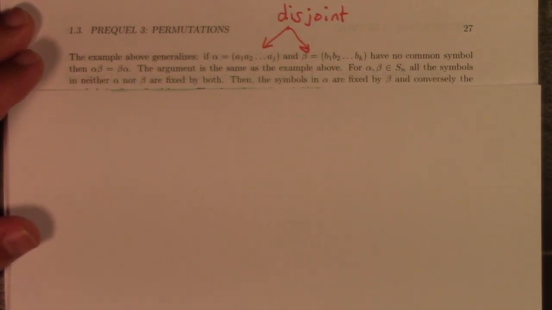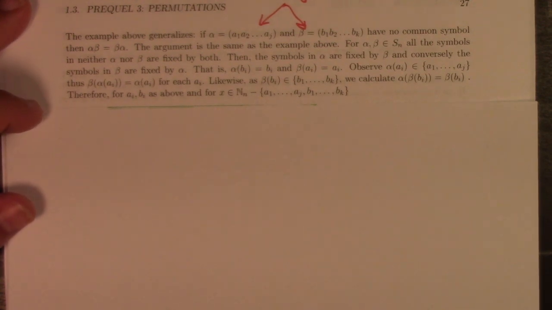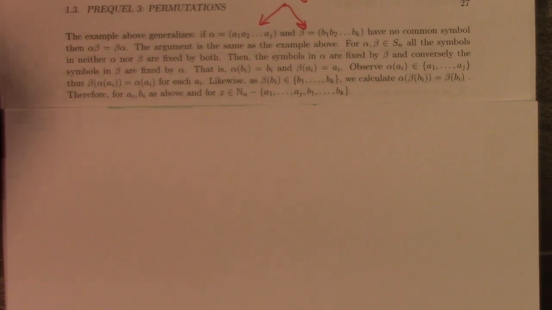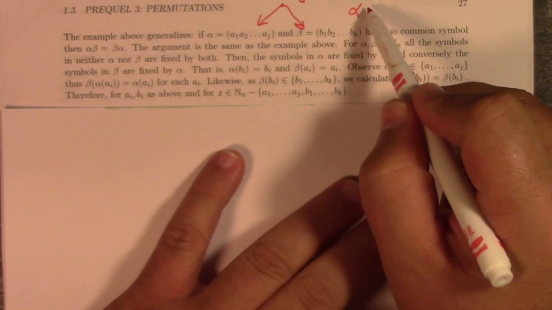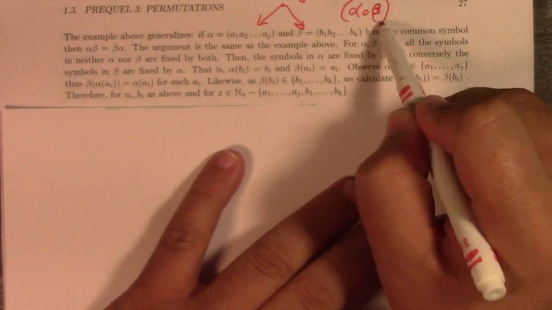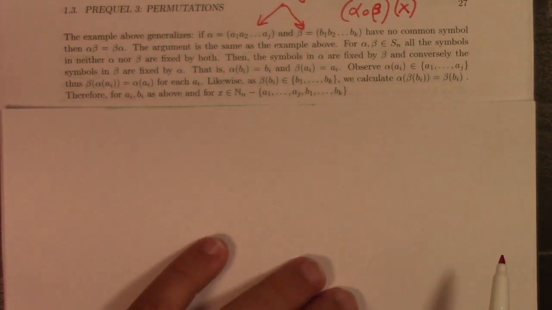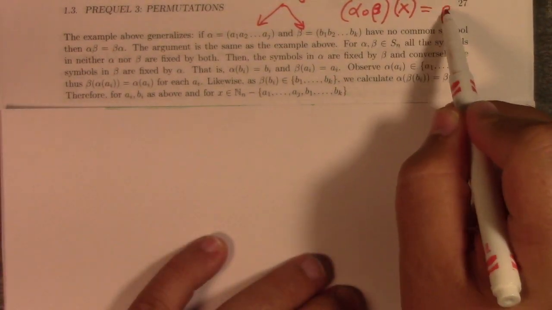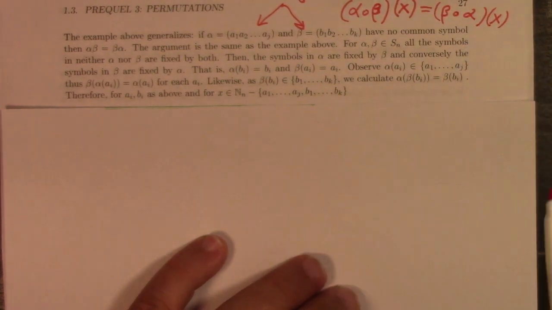Here's the argument in this paragraph basically, but in short, there's three things to look at. If you think about alpha composed with beta of x, we can prove that that's equal to beta composed with alpha of x for all x.